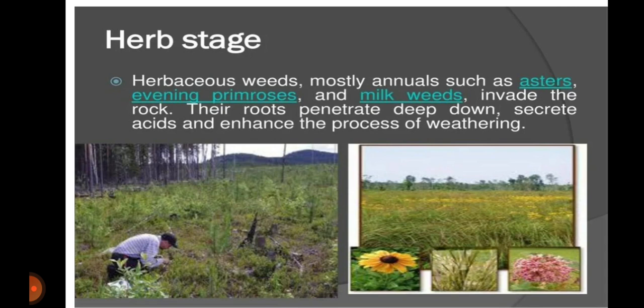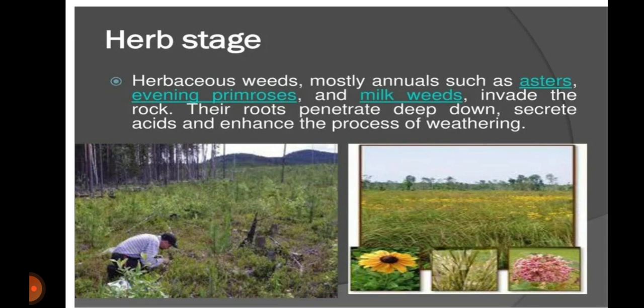Due to the extensive growth of mosses, more soil accumulates. More minerals are added due to leaching from the overlying vegetation. This changed habitat favors the growth of some herbaceous weeds, which are chiefly annuals, followed by some biennials and perennials.